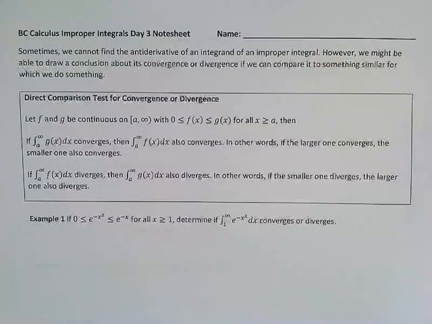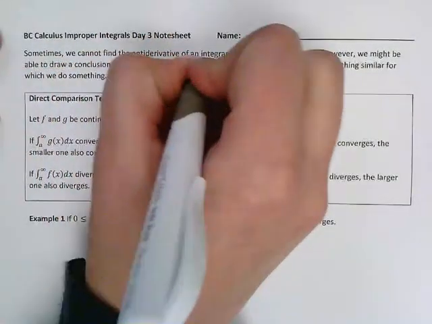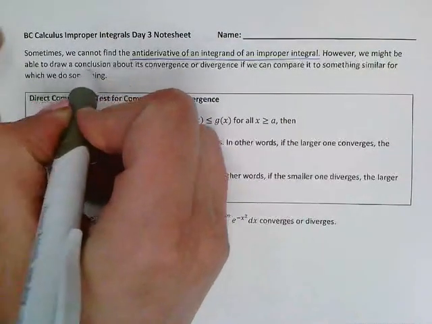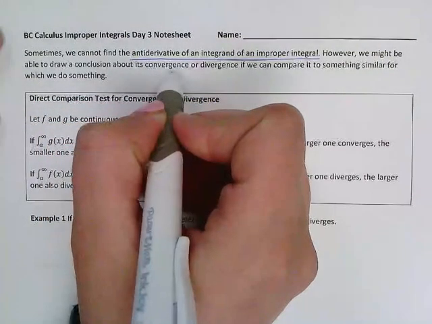Okay. So this is the last part of improper integrals. Sometimes we cannot find the antiderivative of the integrand of an improper integral. However, we might be able to draw a conclusion about its convergence or divergence.